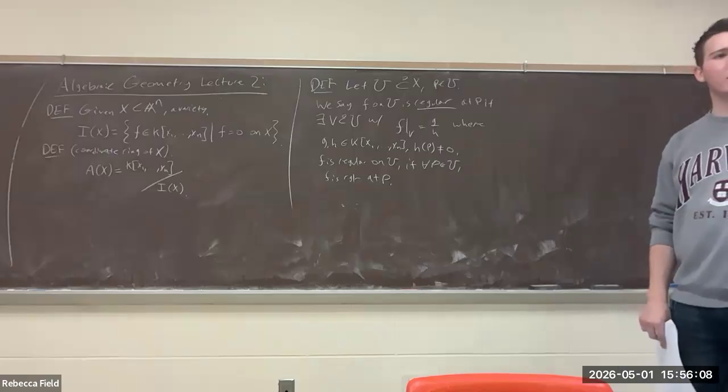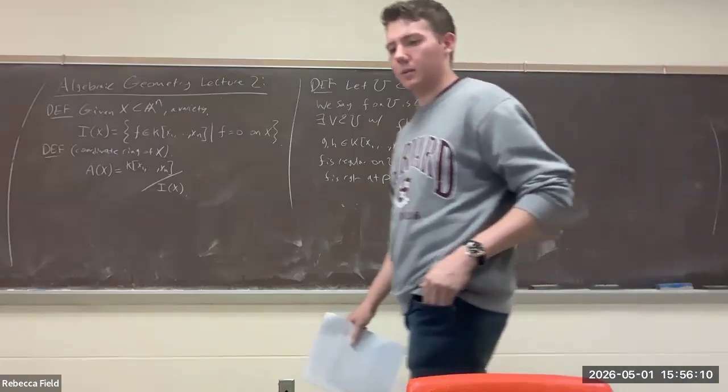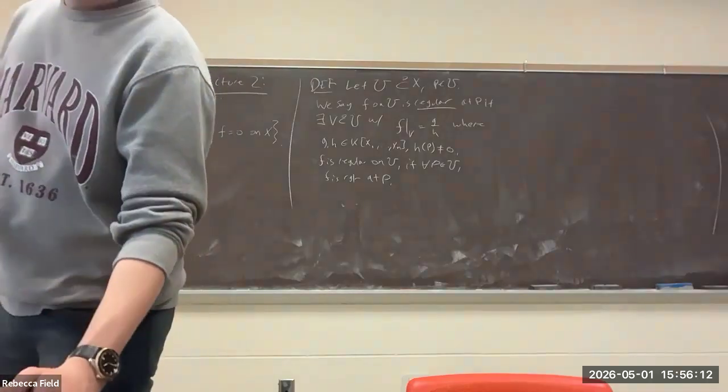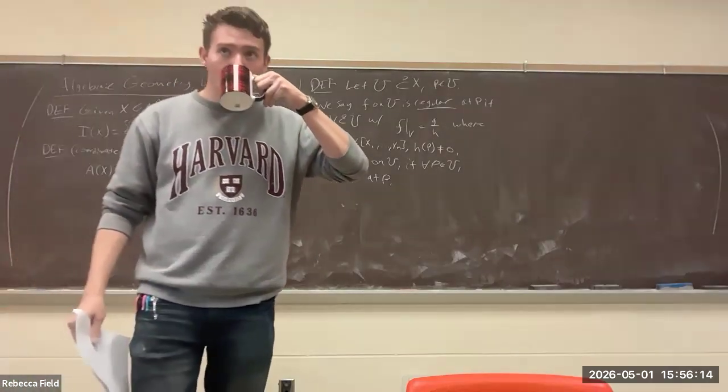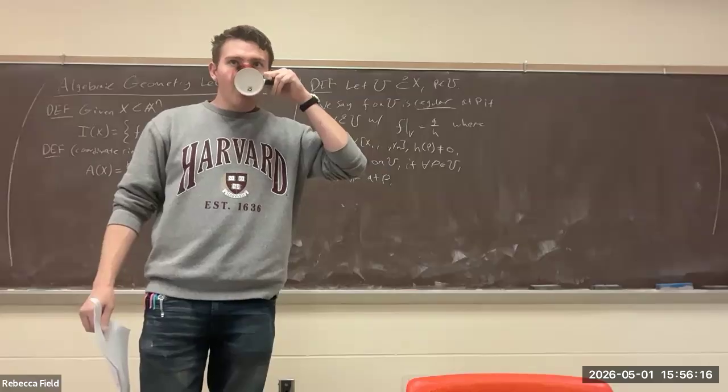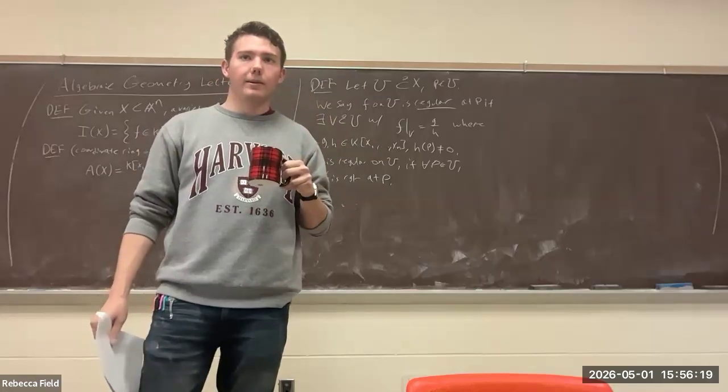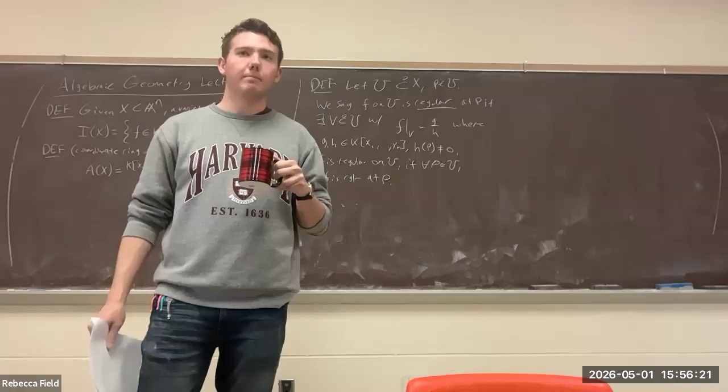If you want to talk about just the functions where you don't divide, that's going to be a subset of the regular functions. They're just going to be polynomials in a polynomial ring.